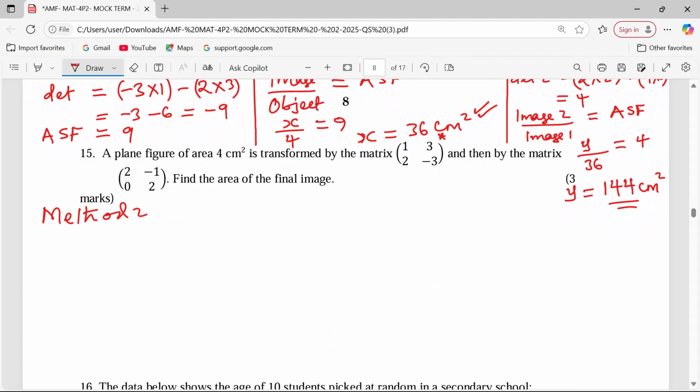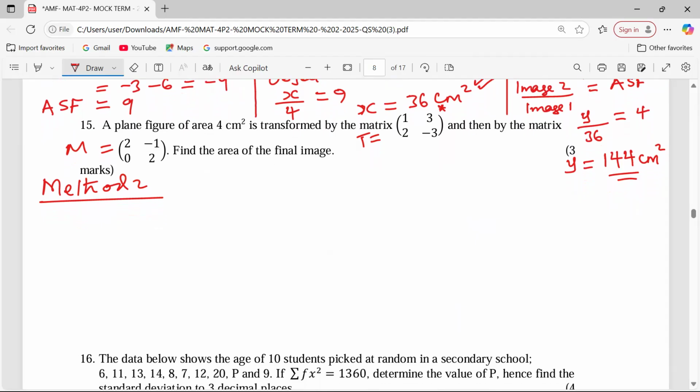Method 2 says, according to my intelligence now, when we have successive transformations such that we have the first matrix, we can call it T. The second matrix here, we can call it M. Now, T was performed first, then M. Then the successive transformations should be written as MT. MT means T was performed first, then M later.